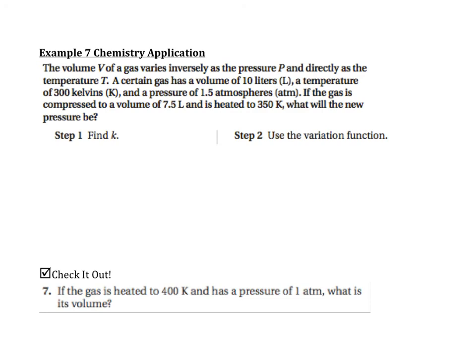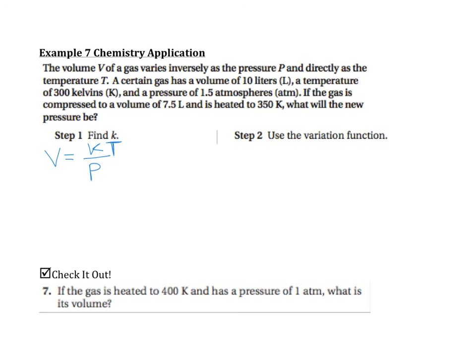So looking at this application, gas laws are an excellent example of inverse and direct variations. So we have the volume of gas varies inversely as pressure and directly as temperature.